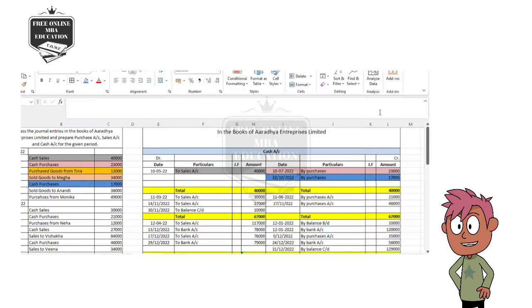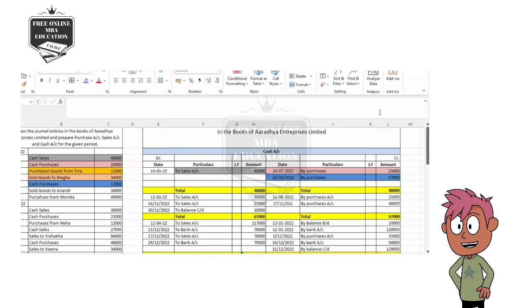But Megha paid the sales amount, right? So why not sales account debited? The question, Tej Shiralkar: we have sold goods to Megha. So Megha is going to pay afterwards, as Megha has not paid immediately. So it's going to be sold goods to Megha.